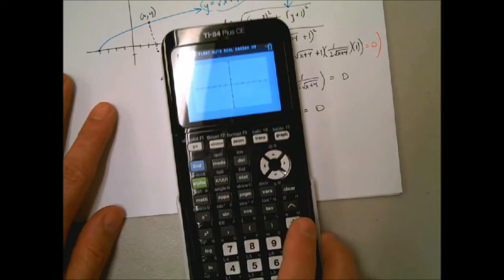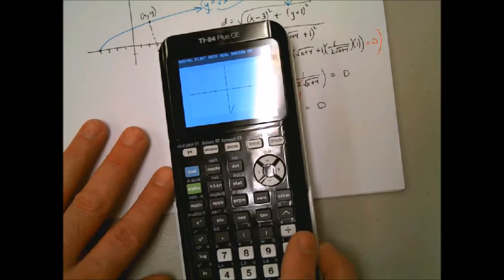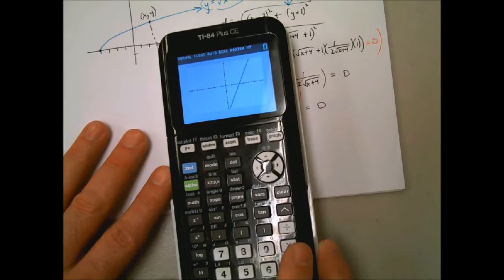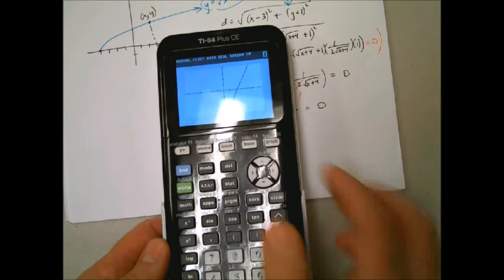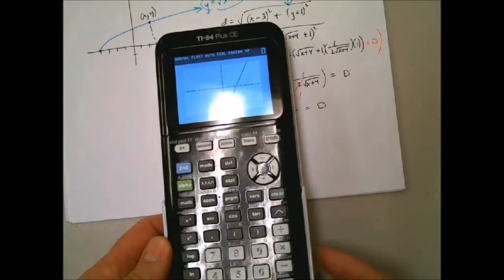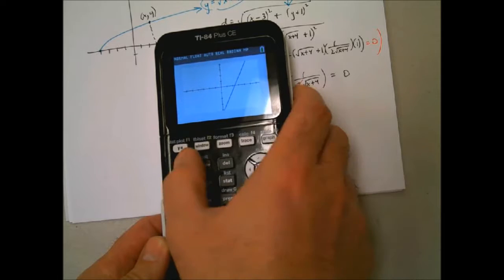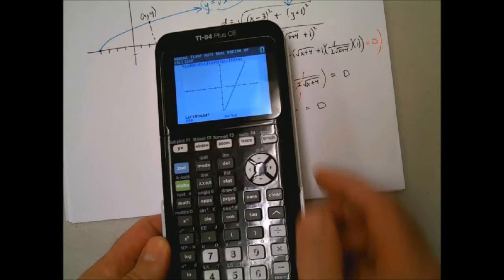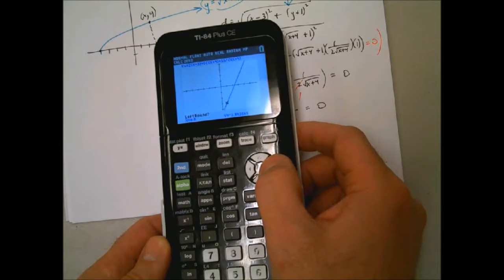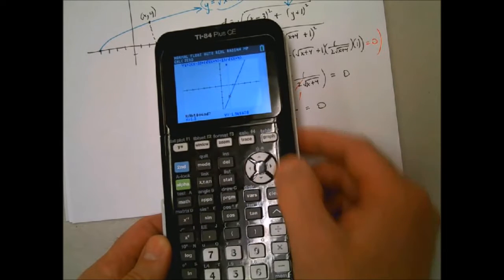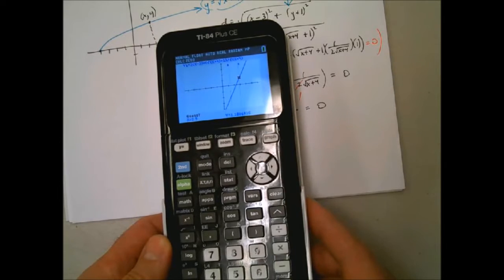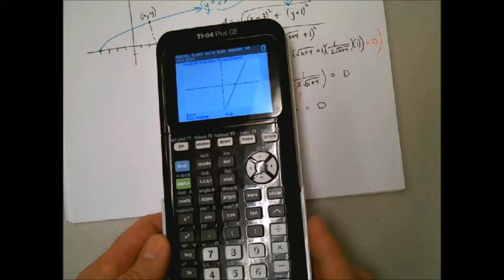We're looking for where y equals 0, and where y equals 0 is where it's crossing the x-axis. So use your calculator's capabilities to solve for that x-intercept. Second calc, the zero function, you need a left boundary, you need a right boundary, and let the calculator do the heavy lifting.